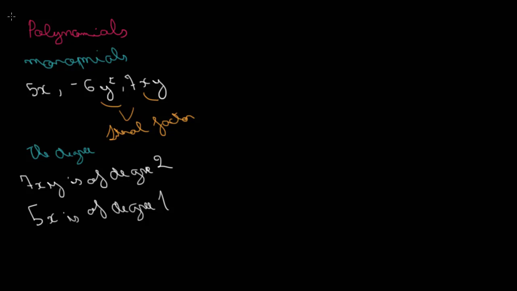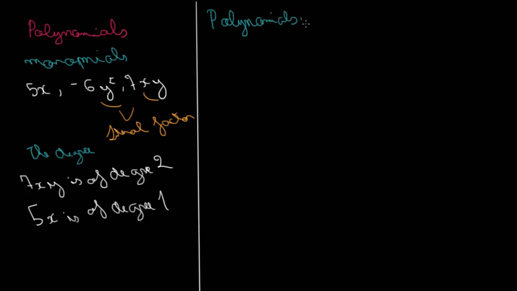For example, I might want to move to the other side because I took so much space here. So let me write it here. Polynomials. An example of that would be 5x. It's a monomial, but it is also a polynomial.